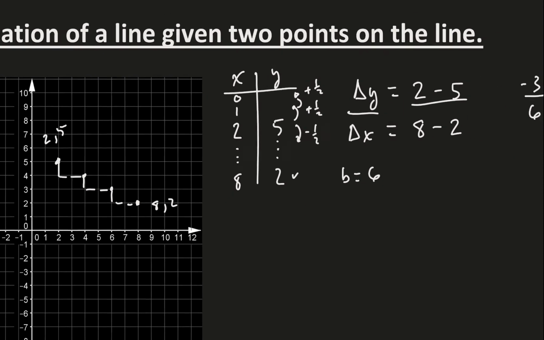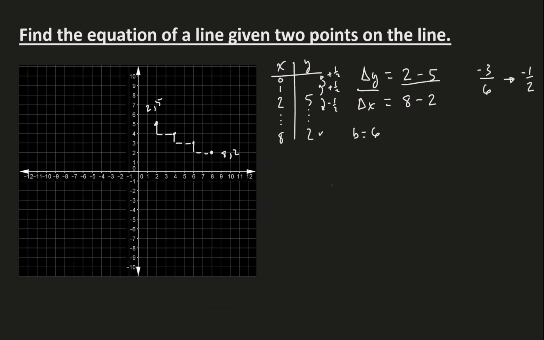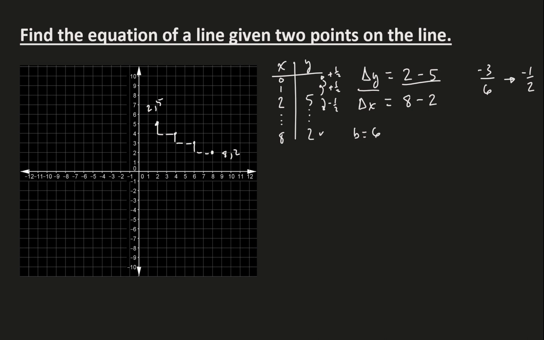That's using one representation, the table. The more algebraic representation is to consider one of our points and start with y equals mx plus b, the slope-intercept form of an equation.